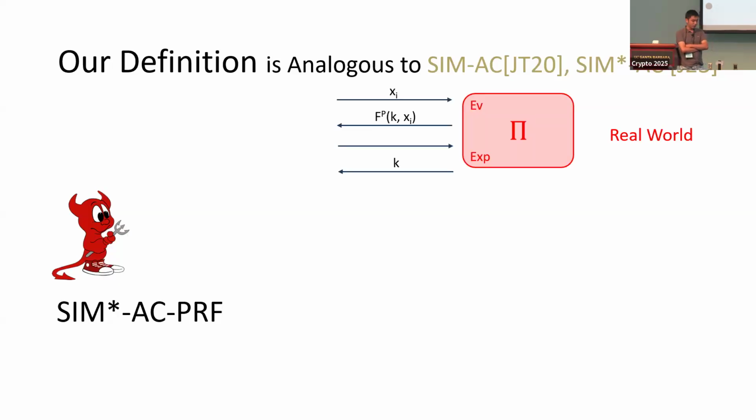So our definition is analogous to the CMAC definition that was introduced by Joseph Yeager and Nervant Tiagi. Let's take CMAC as an example. Here, the attacker in the real world is interacting with an honest thing.